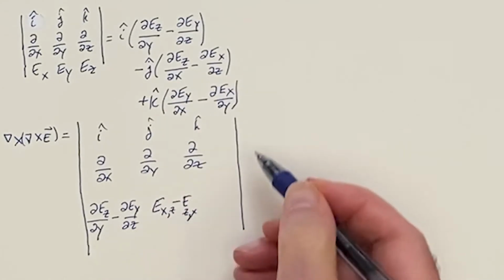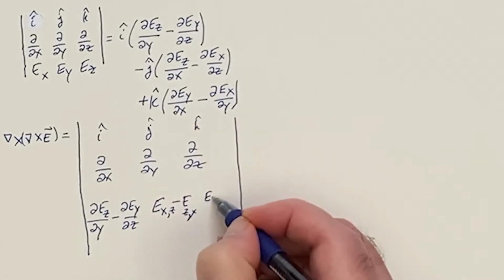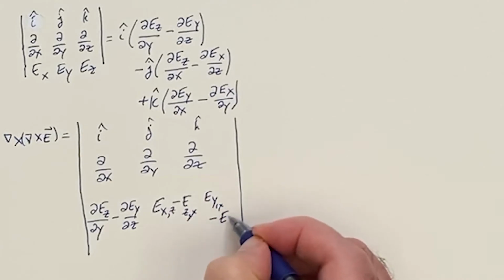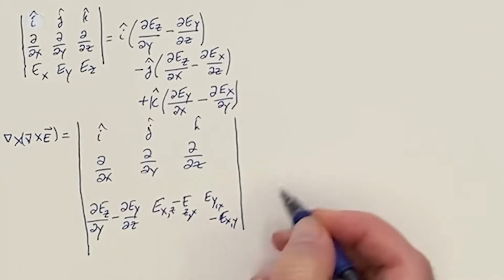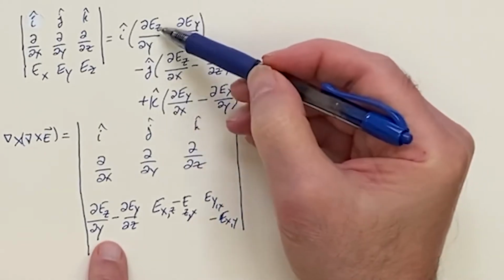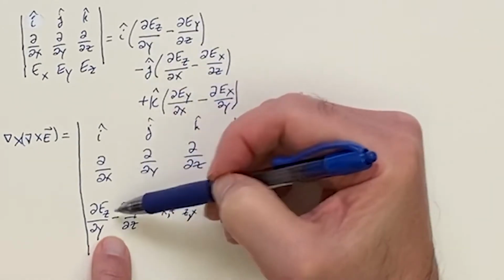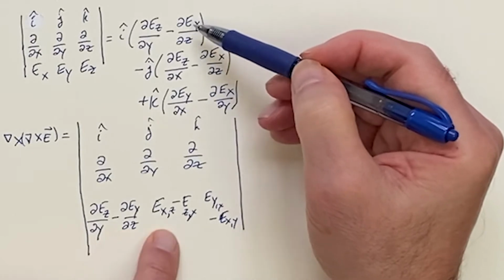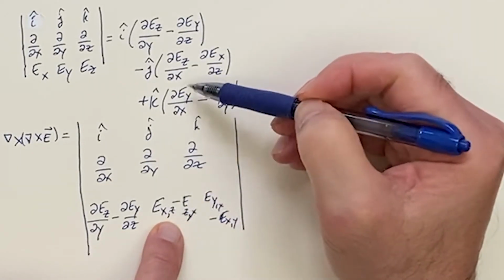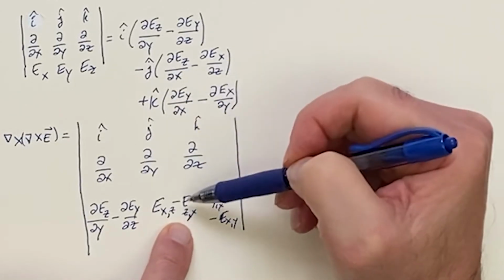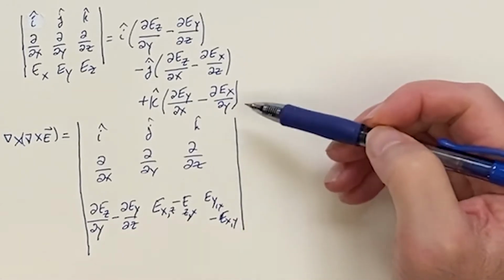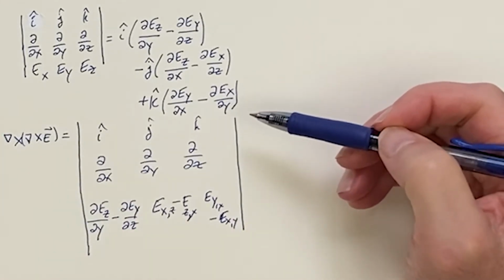That's a little shorthand notation, and this last one would be Ey comma x minus Ex comma y. So a little trick there. So here we have the partial of Ez with respect to y minus, and then flip. Then the plus one is the x one with respect to z, minus the z with respect to x. And then the y one with respect to x, and then flip it.